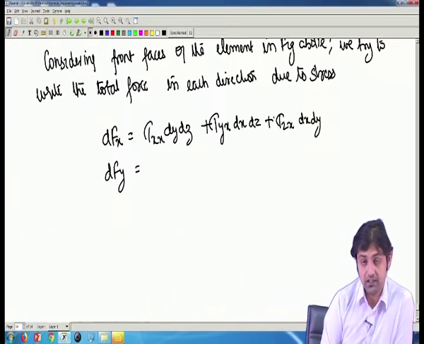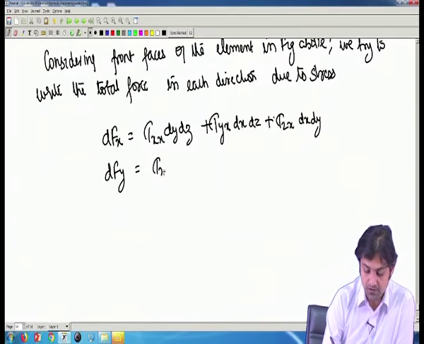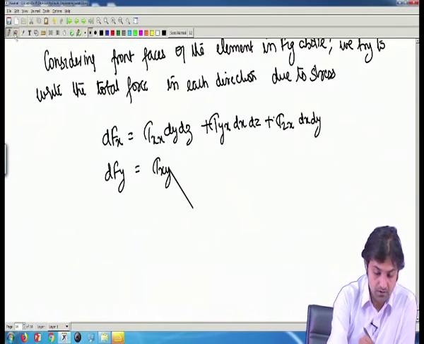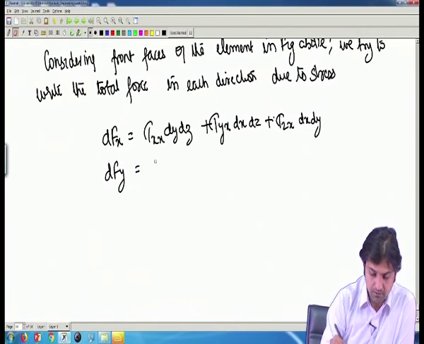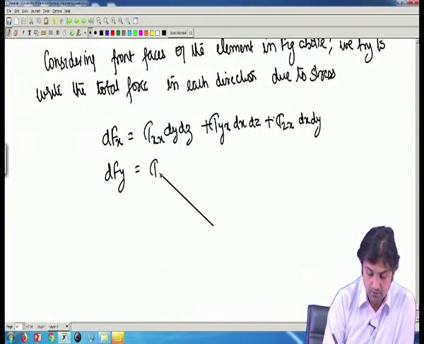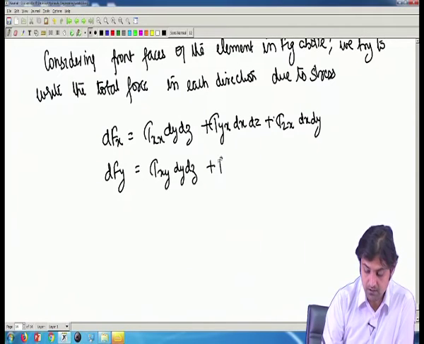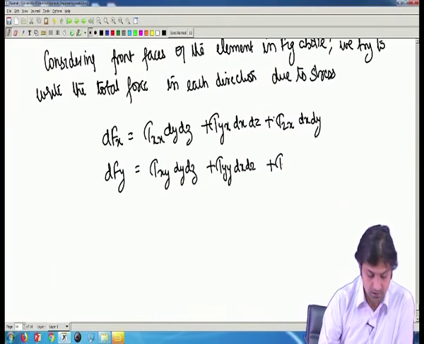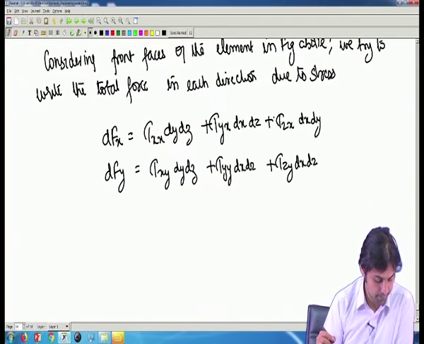Similarly, in the y direction we write down the sum: tau xy into dy dz plus tau yy dx dz plus tau zy into dx dy.